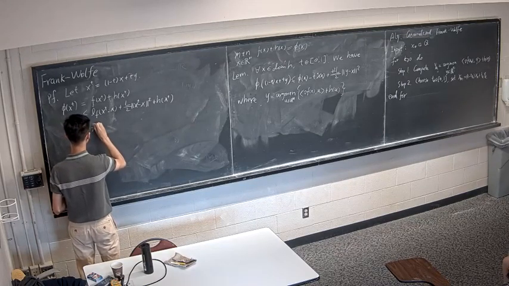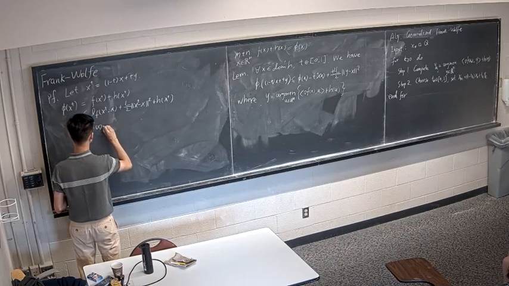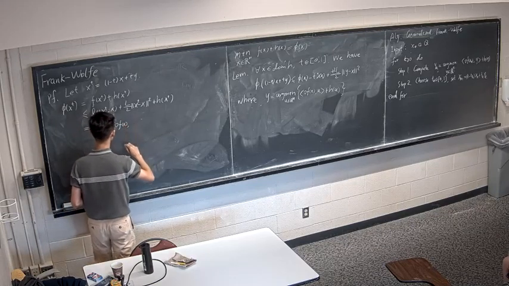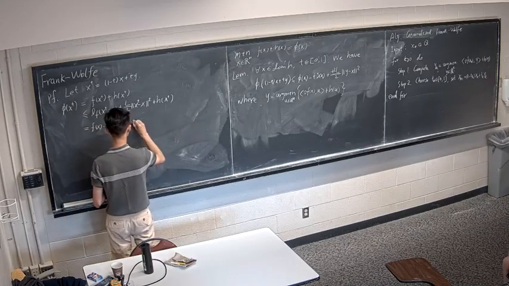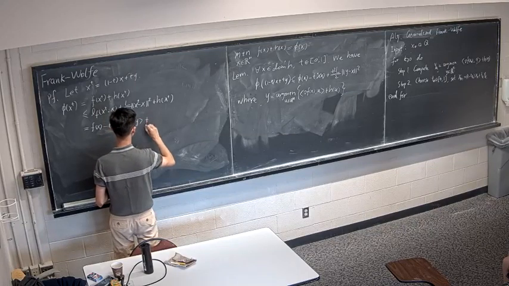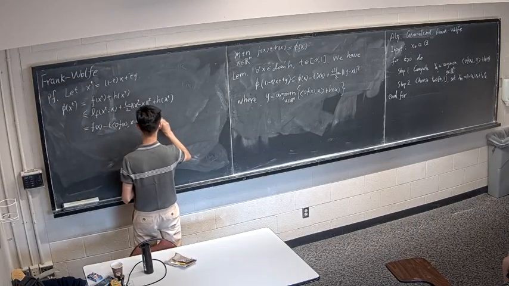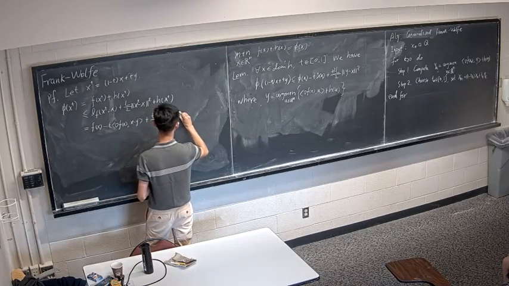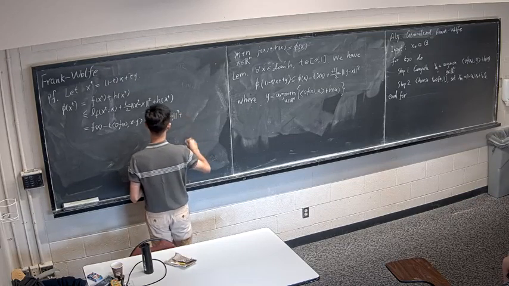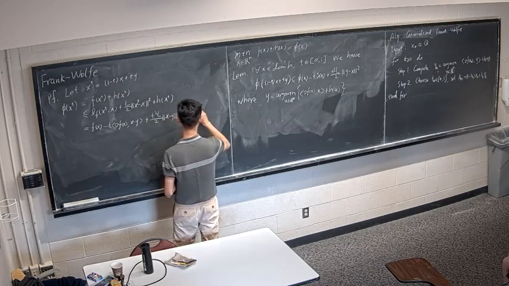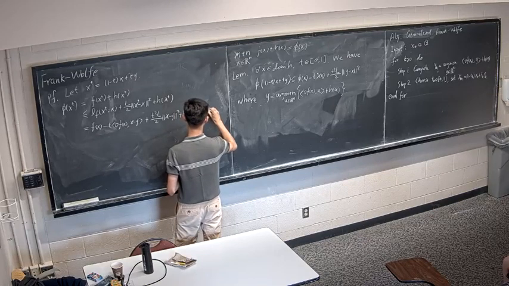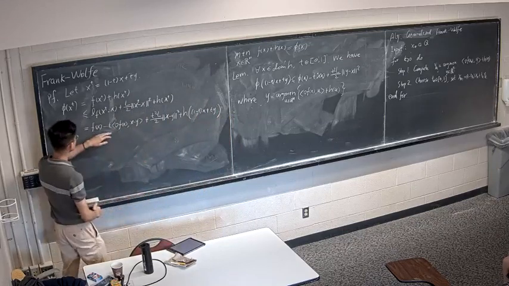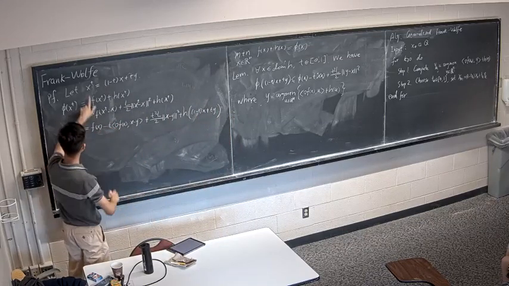This is f of x minus t times... Here we just expand the linearization and plug in x plus.